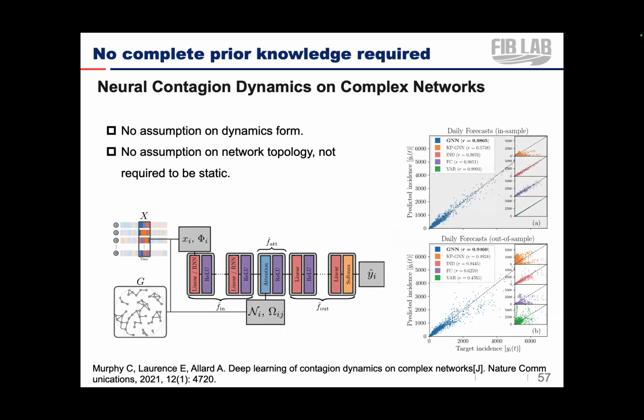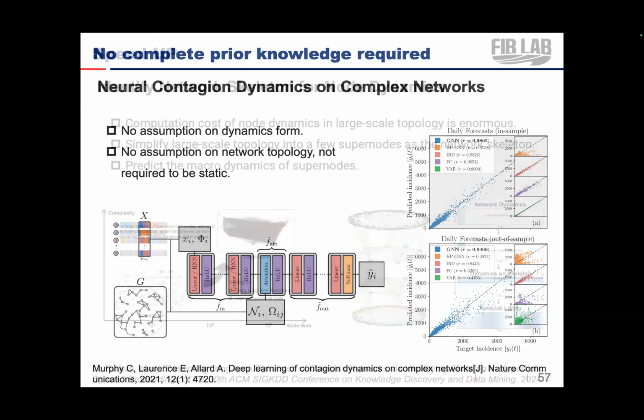It outperforms traditional methods like SIR, especially when the network topology is dynamic or noisy. This is also critical for real-time applications like predicting COVID-19 spread on evolving contact networks.